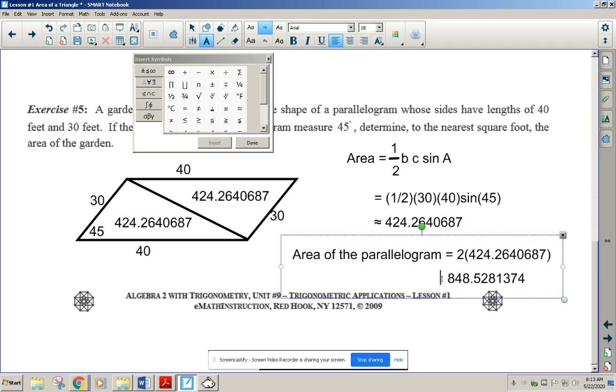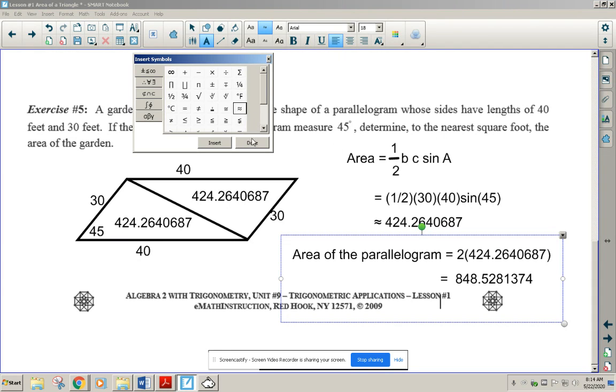So what I have to do now is round this to the nearest square foot. So we have to use about 849 square feet.